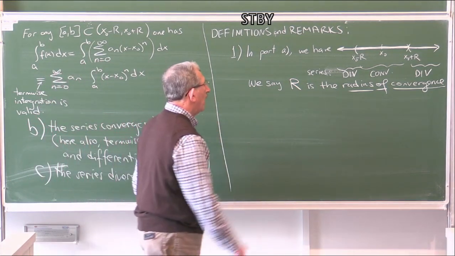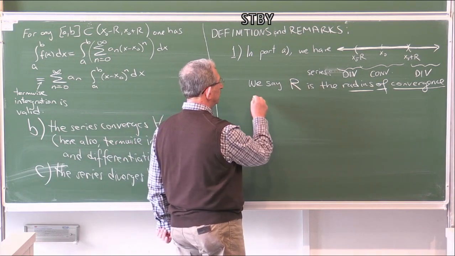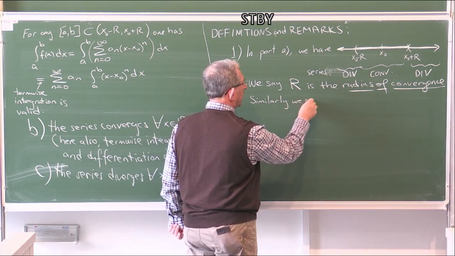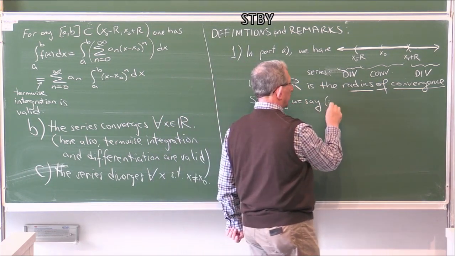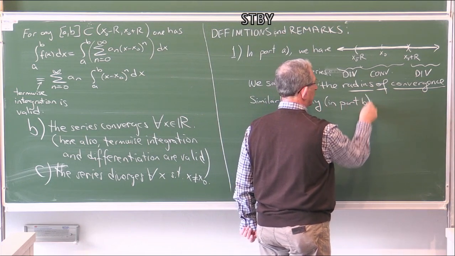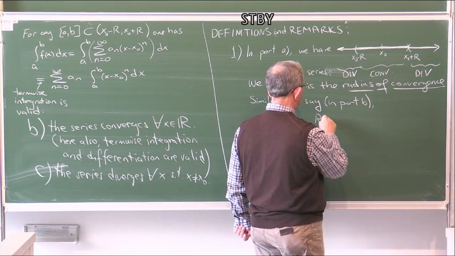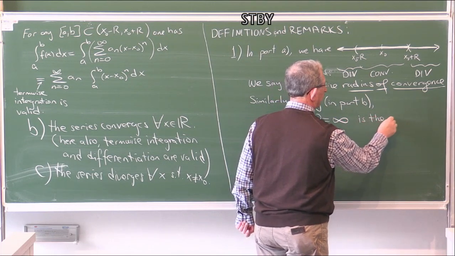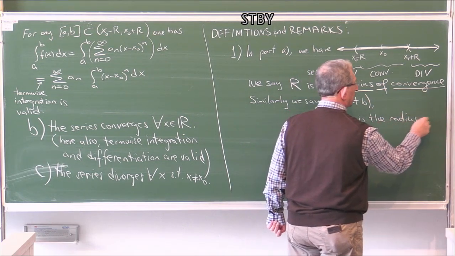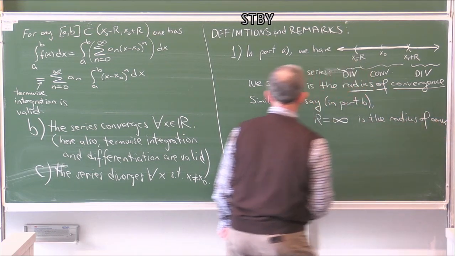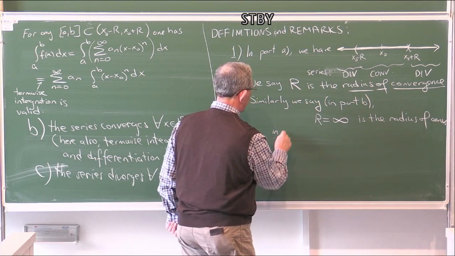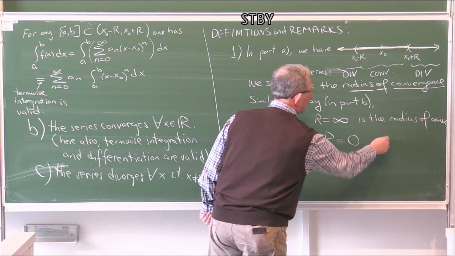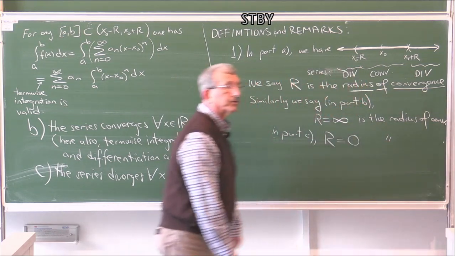Now, we extend this definition. Similarly, in part B, R equal to infinity is the radius of convergence. And in part C, we put R equal to 0 as the radius of convergence.